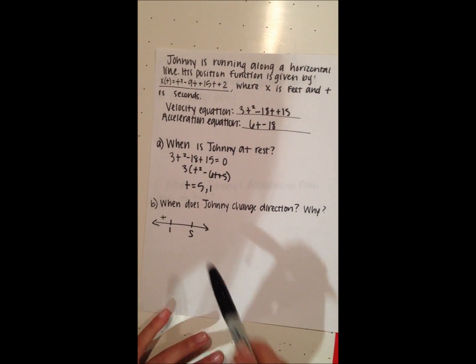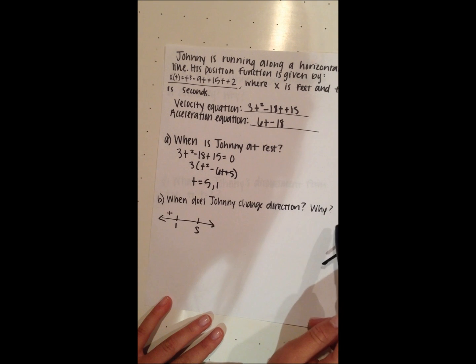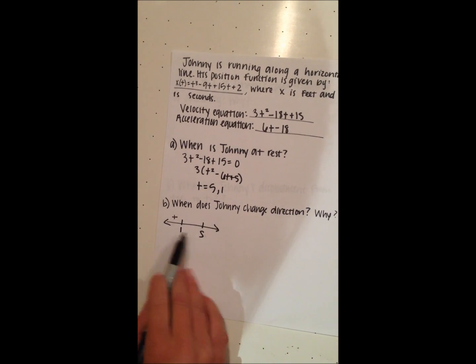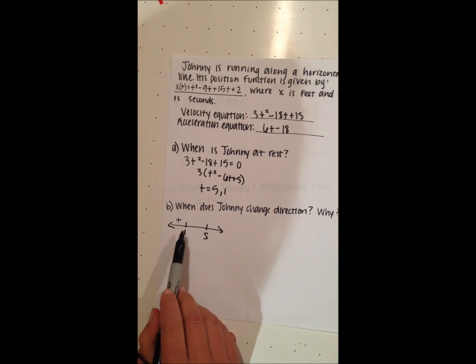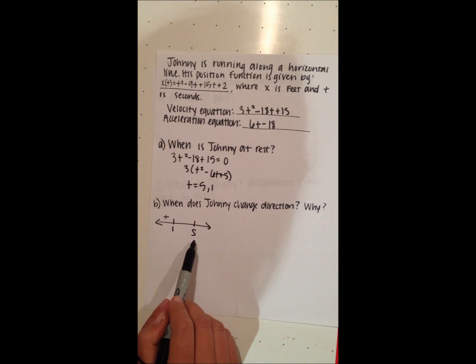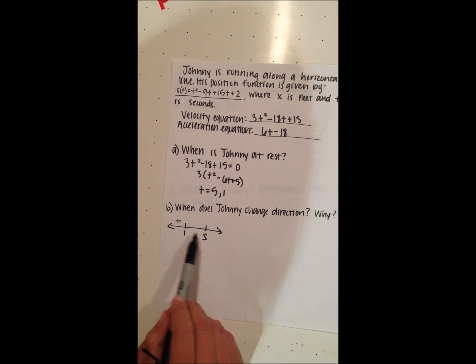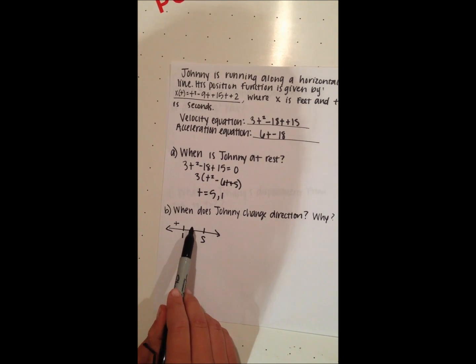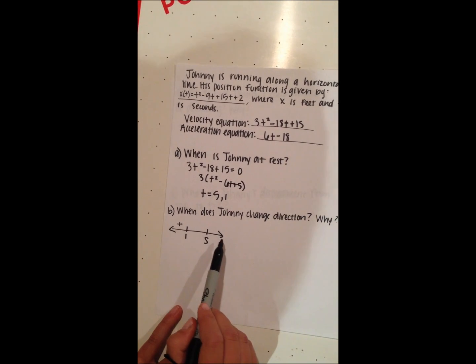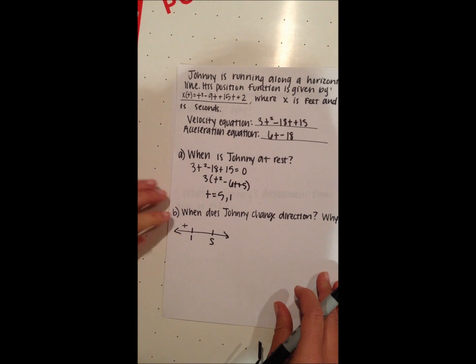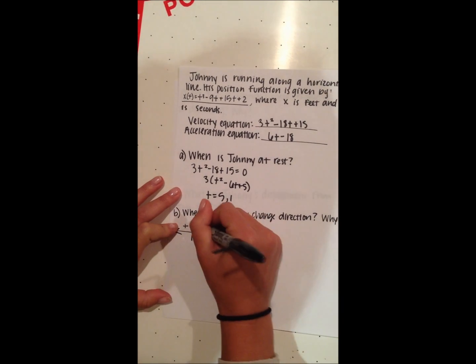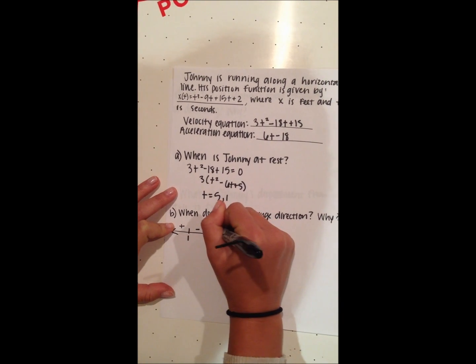The next problem is when does Johnny change direction and why? First we have to set up a sign line and put the values t equals 1 and t equals 5. Then you plug in values: under 1, so 0, between 1 and 5, let's say 2, and after 5 we'll do 6. When you do that you get a positive value, a negative value, and a positive value.